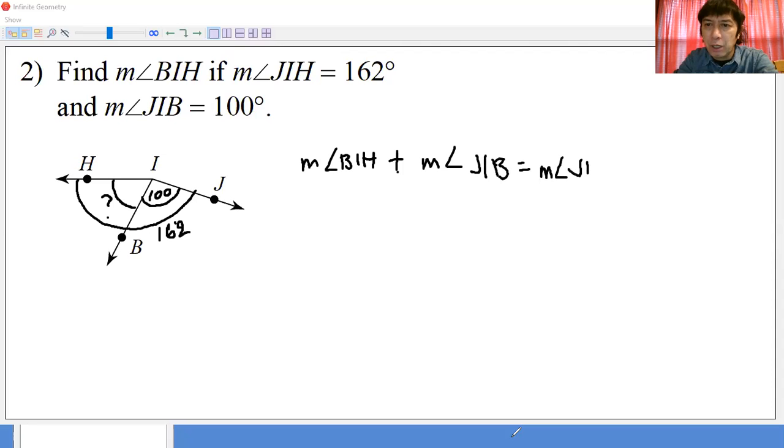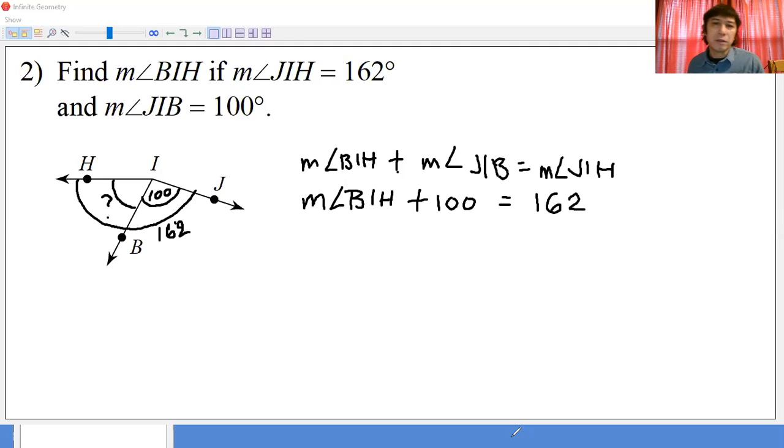This is our working equation. Now, direct substitution: we have the unknown measure BIH plus JIB, which is 100, and the measure of JIH is 162.